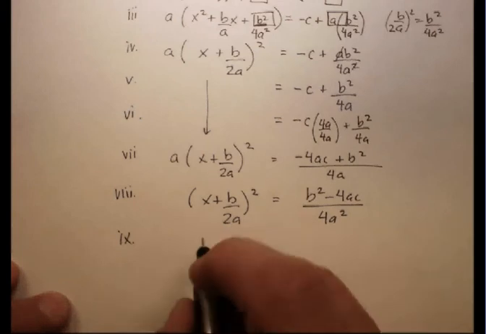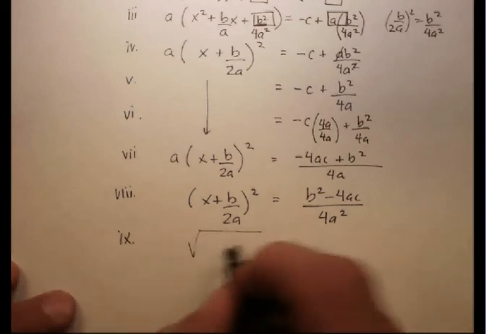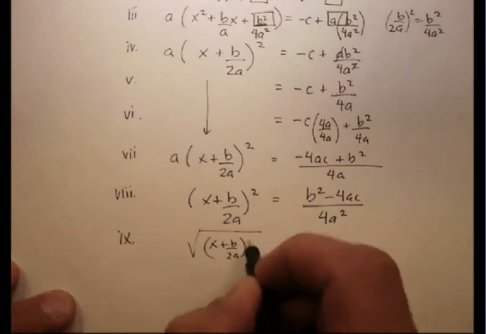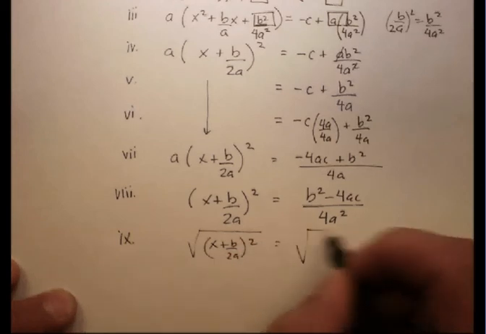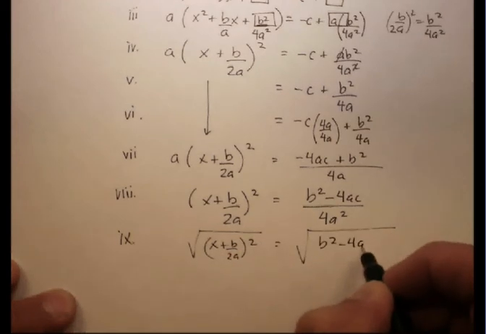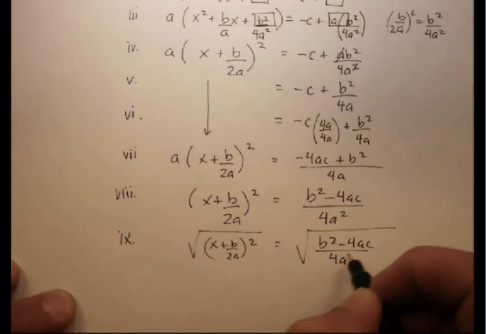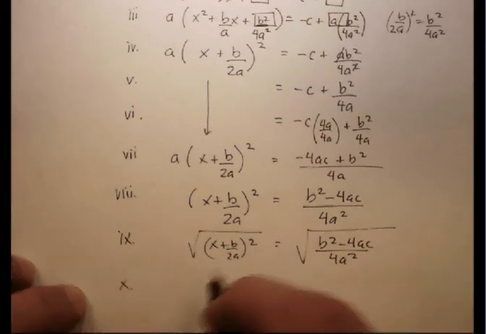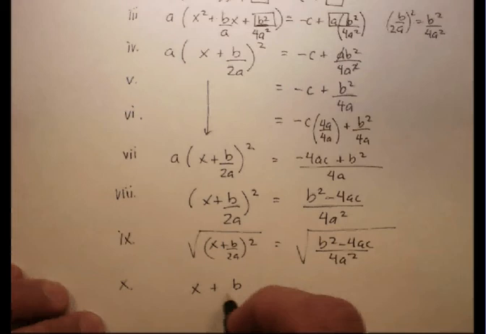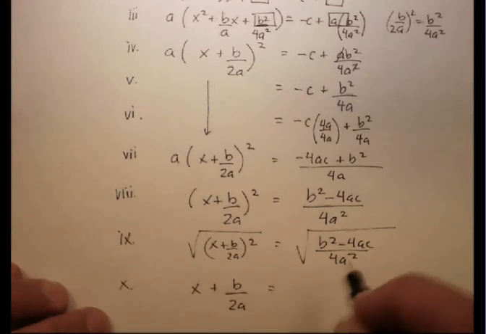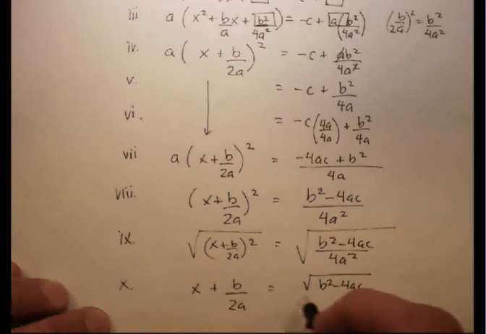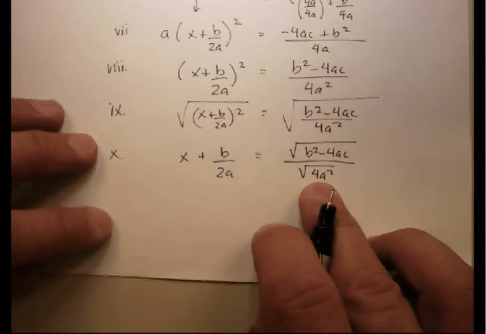Take the square root of both sides. And that gives me x plus b over 2a is equal to the square root of b squared minus 4ac over the square root of 4a squared. That's almost done.